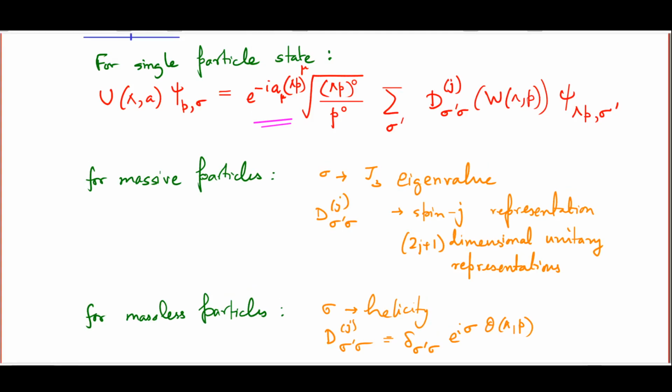From this, it is rather easy to figure out what would happen to a state corresponding to several non-interacting particles. Now, rather than having a single pair of indices p and sigma to describe a single particle state, for a multi-particle non-interacting system, we would have to have momenta for each particle, the sigma value, that is either the J3 eigenvalue or the helicity, for every particle.